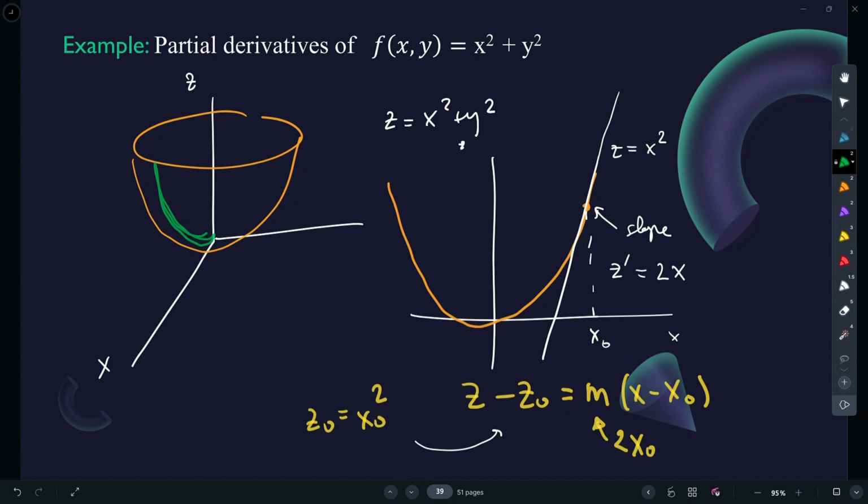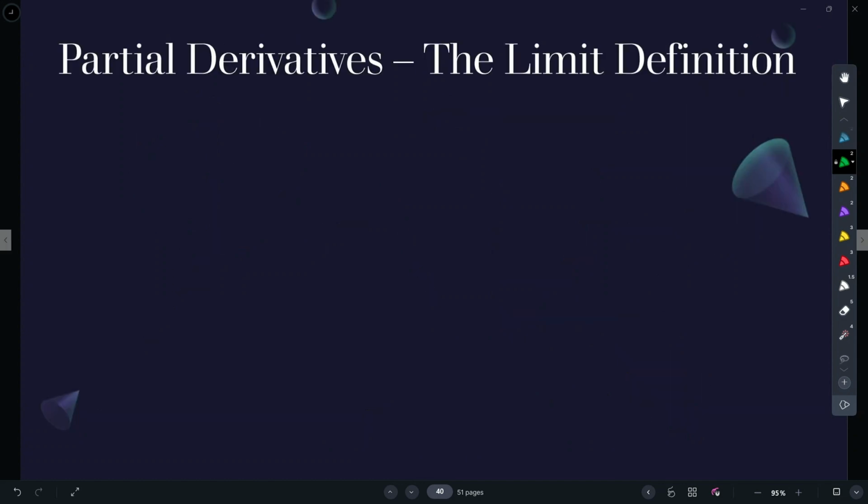Okay? So I want to know what the derivative is at any point and in both directions, in the x direction and the y direction. So I actually find the derivatives using the same limit definition that we did for one variable.